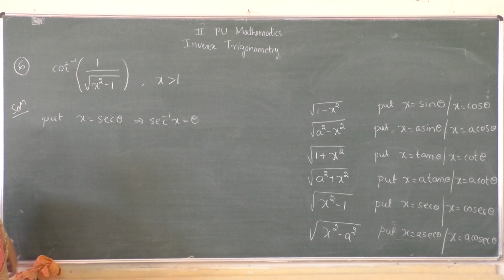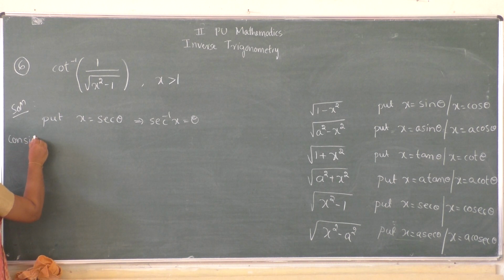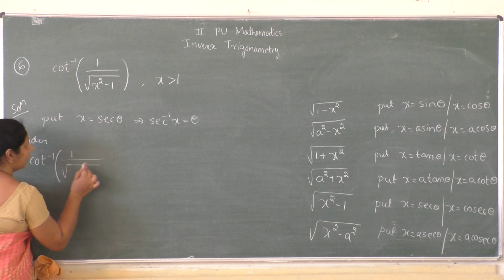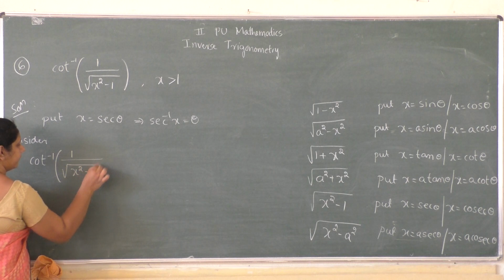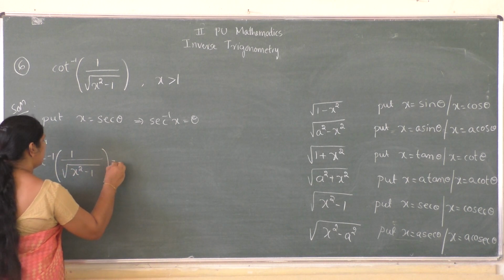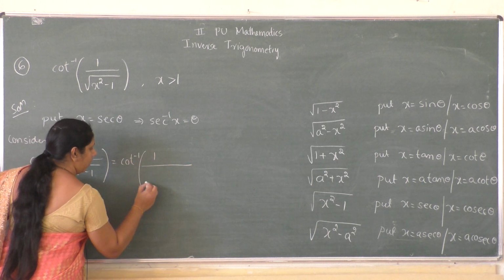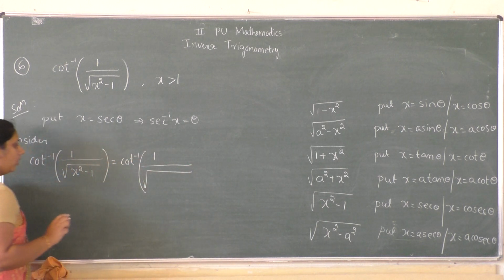If x equal to sec theta, then sec inverse x equal to theta. Now consider the given question, that is cot inverse of 1 by root of x square minus 1.